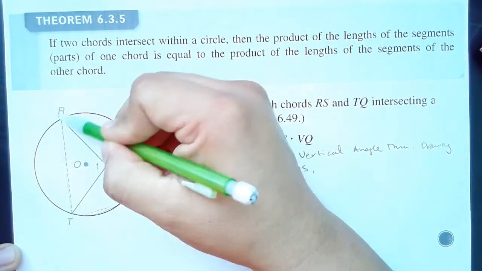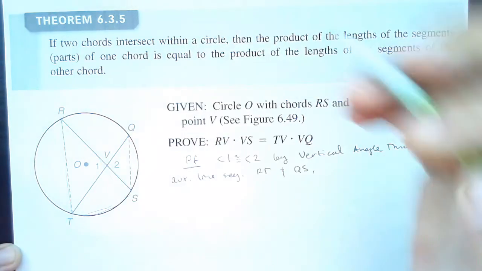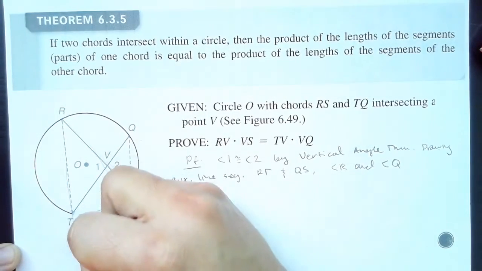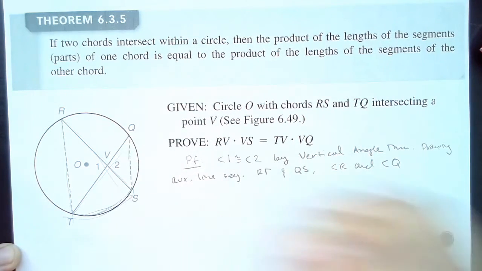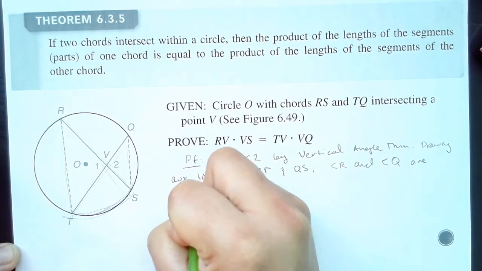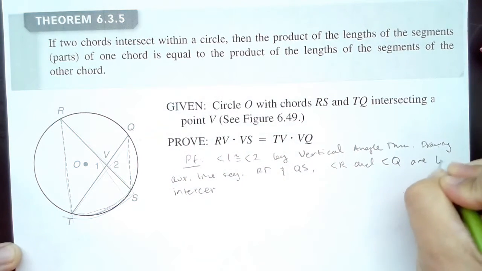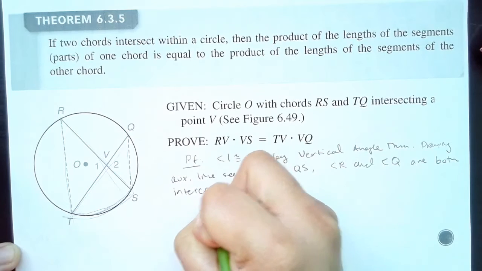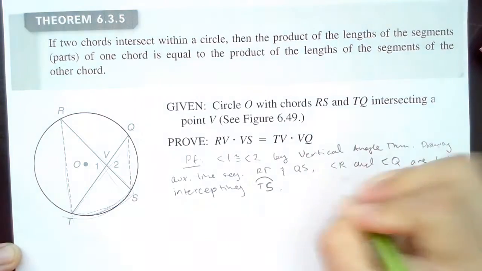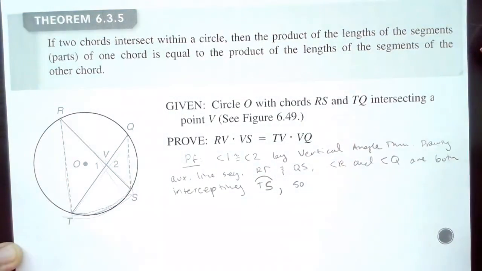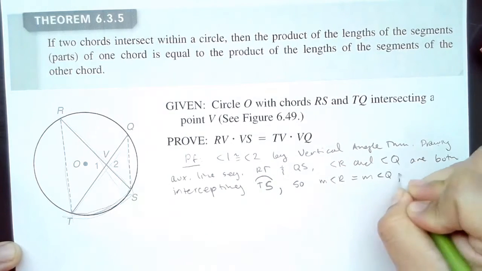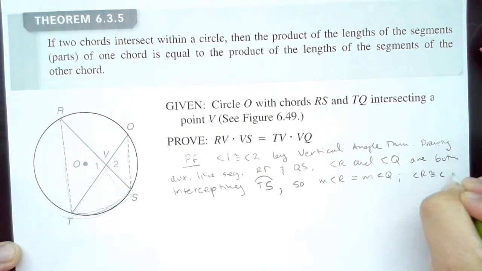You have angle R, angle TRS, and angle Q. They're both intercepting the same arc, arc TS. So the measure of angle R is equal to the measure of angle Q. Angle R is congruent to angle Q.